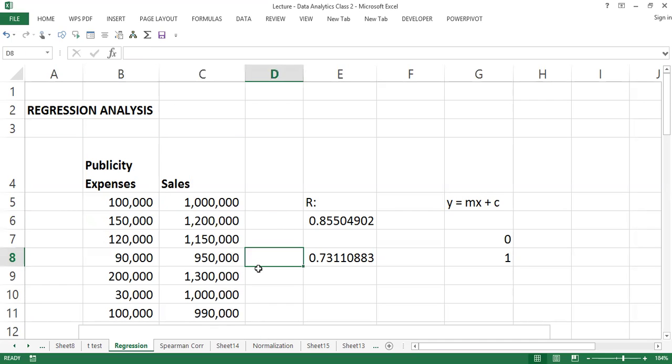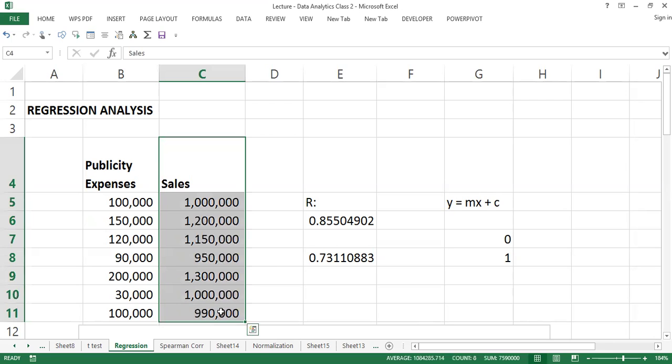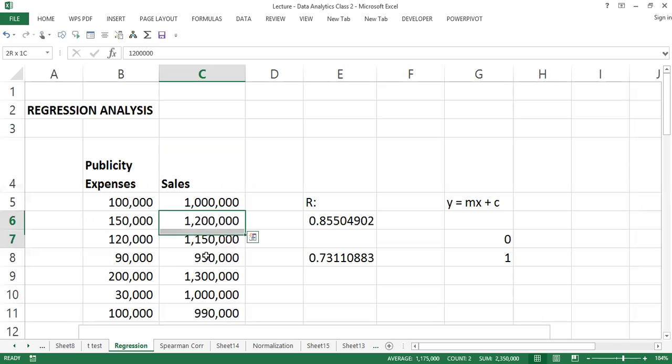But when you are dealing with moving average, it's a different ball game, because this time you are just looking at one variable, and you are trying to explore the trend in that variable.